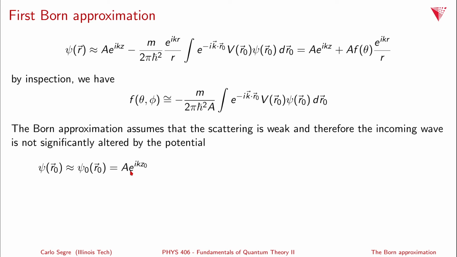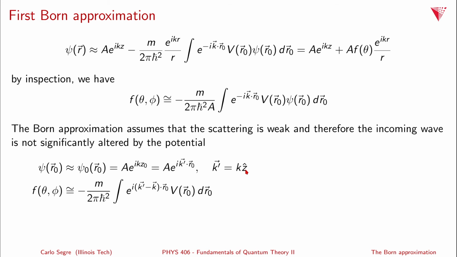And that's e to the i k z0, or A times e to the i k prime dot r0, where k prime vector is just k in the z hat direction, because your incident wave is along the z direction.